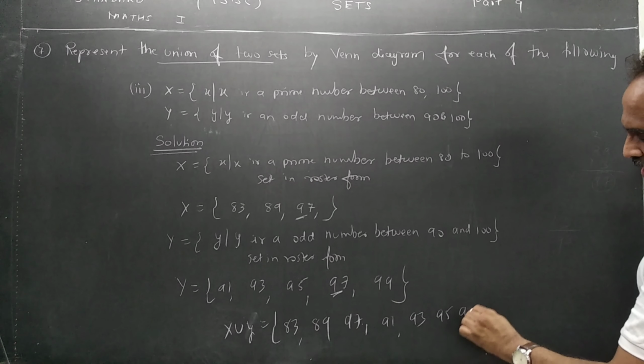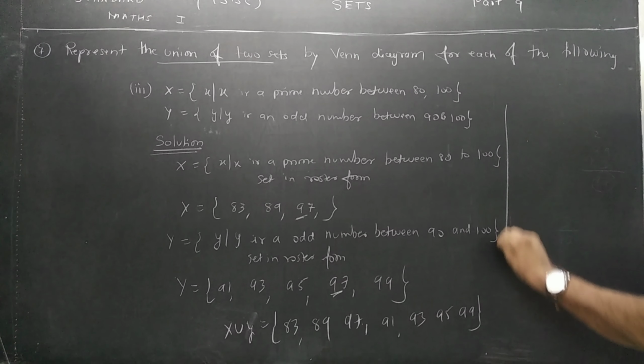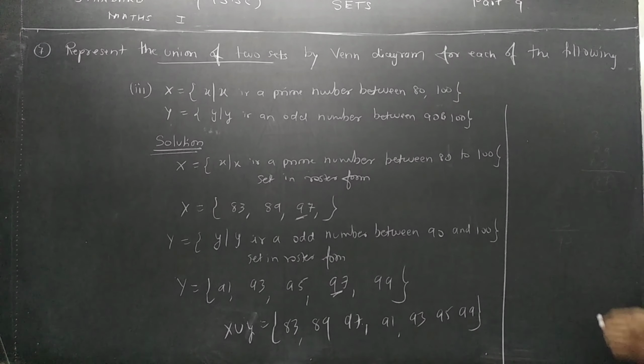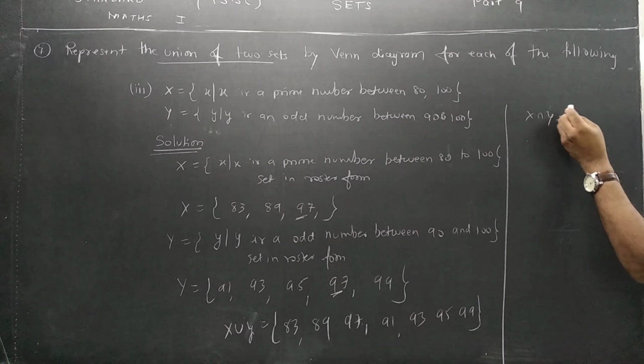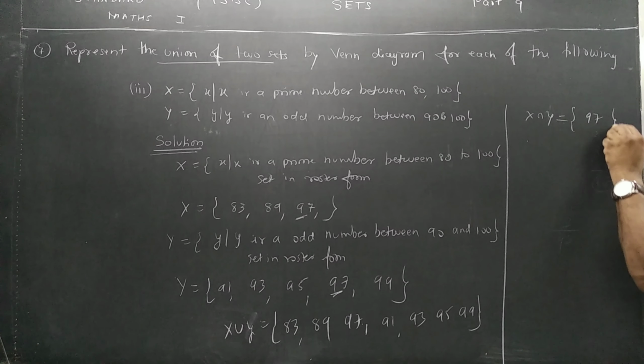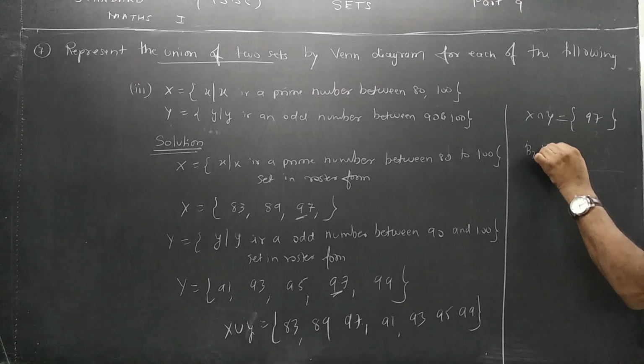You are not going to repeat. 99. And as we have written for previous question, same we are going to write. Intersection क्या होगा बाबा? Intersection is 97. Is it right?